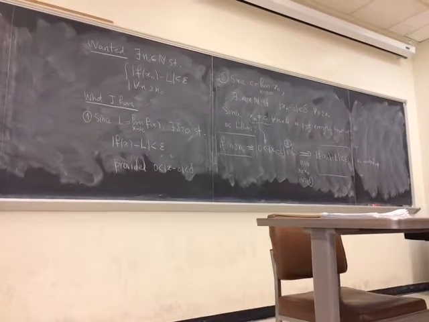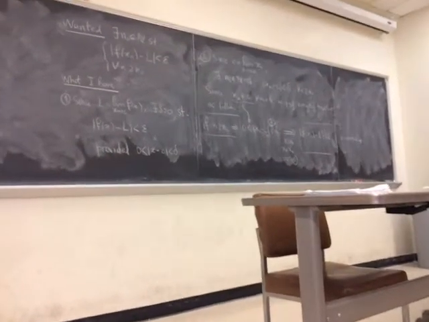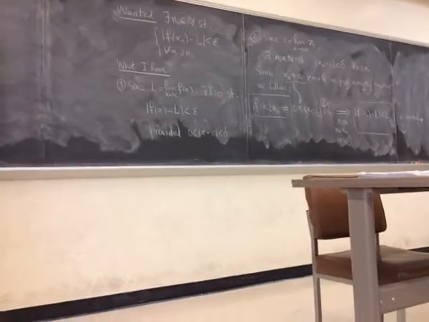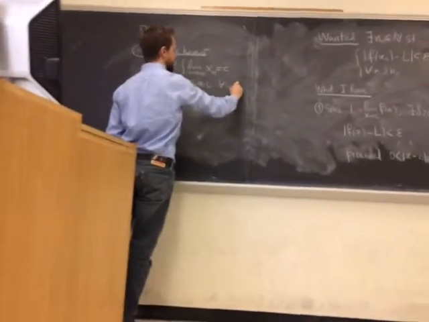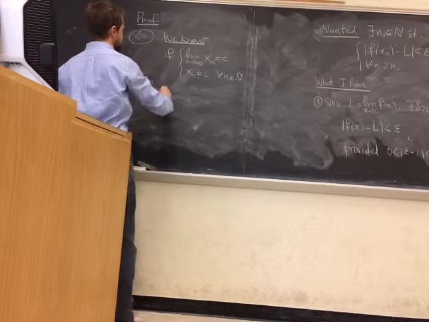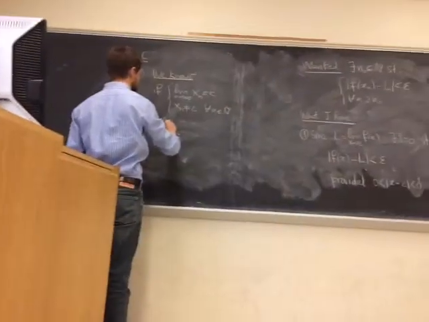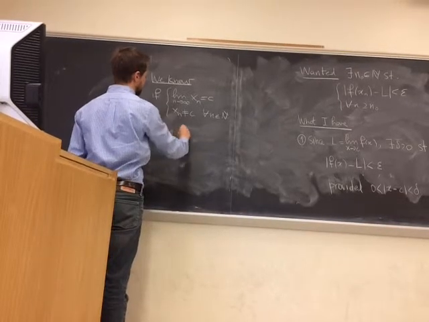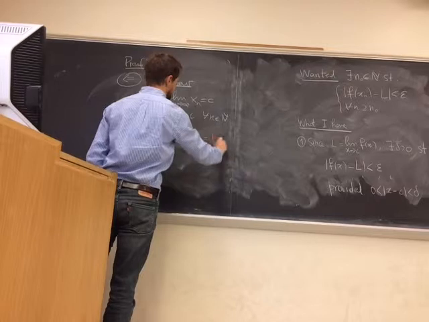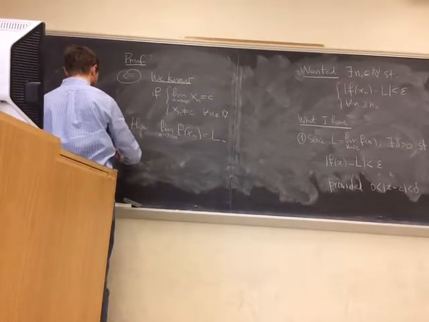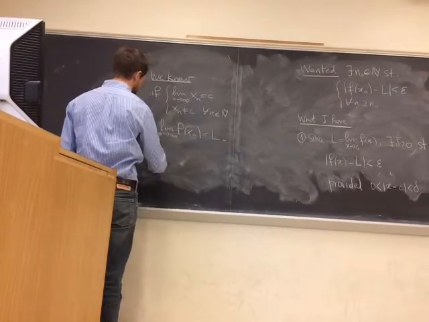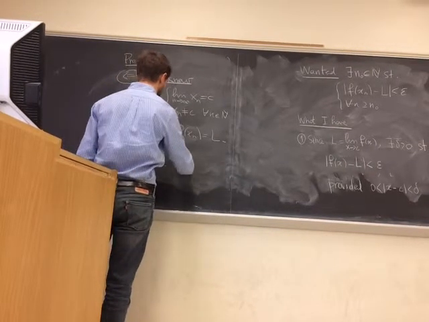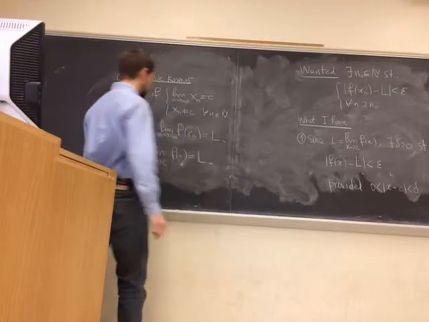We know by assumption that if the limit as n goes to infinity of x_n is equal to c, and x_n is different from c for every n, then the limit as n goes to infinity of f of x_n is equal to L. What is wanted is that the limit as x goes to c of f of x is equal to L.